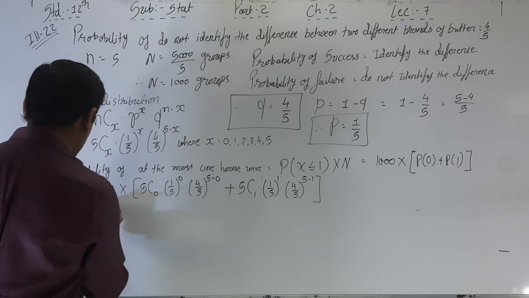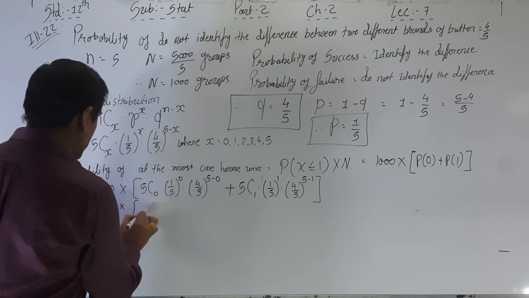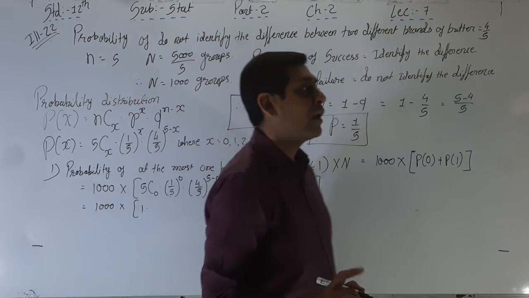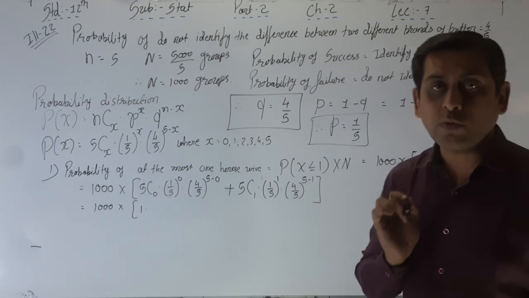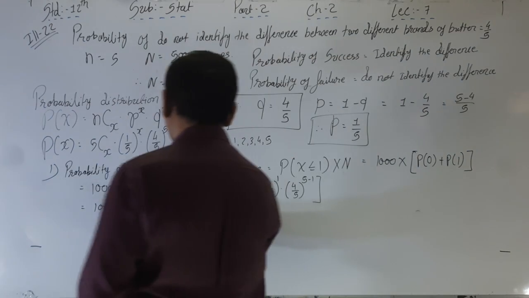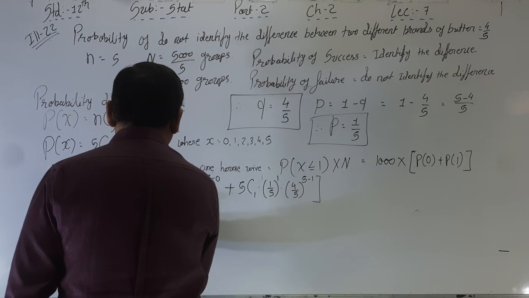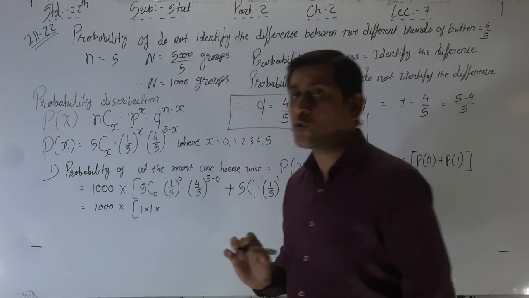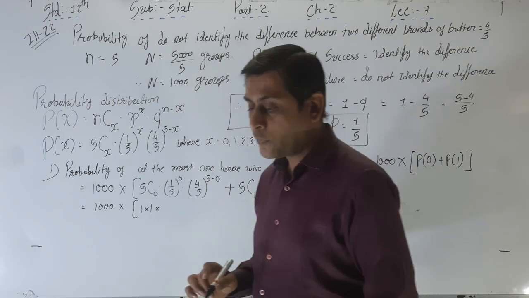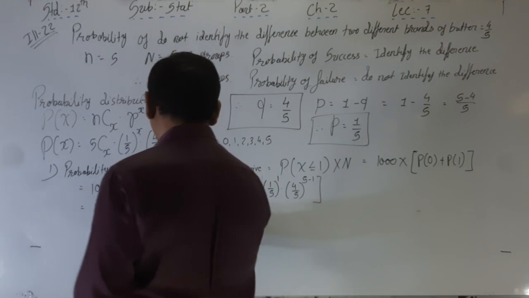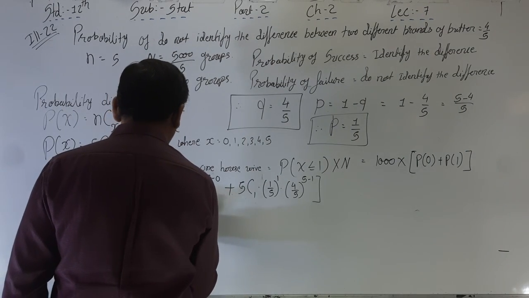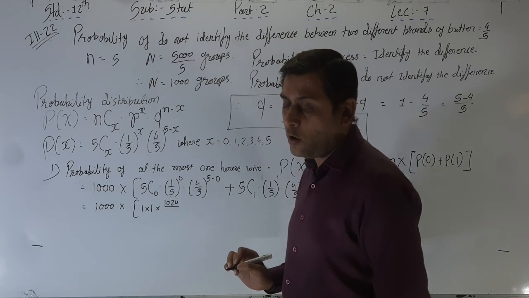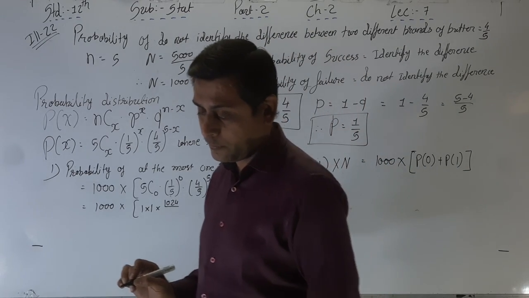Simplify it. 1000 into 5C0, which is always 1, since nC0 is equal to 1. Any constant raised to 0 is also 1. And (4/5) raised to 5: 4 raised to 5 is 1024 upon 5 raised to 5, that is 3125.